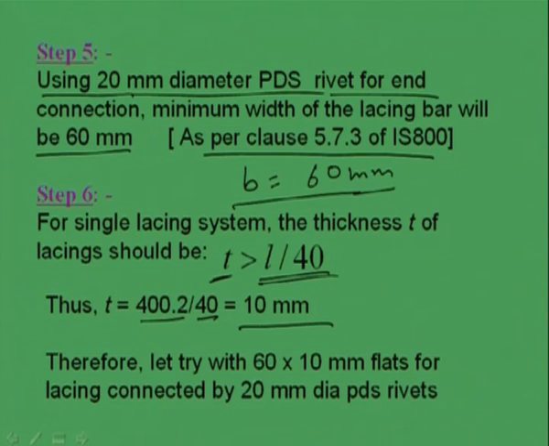So, we can try with the lacing bar as 60 by 10 dimension, and using 20 mm diameter power driven shop rivet. So, these are the unknown things which we were supposed to get.